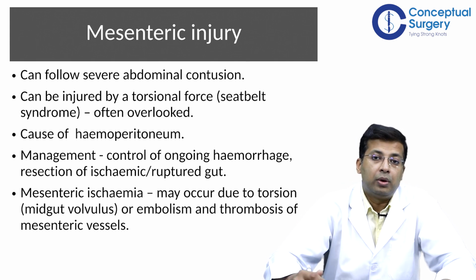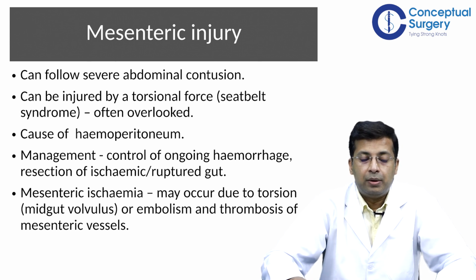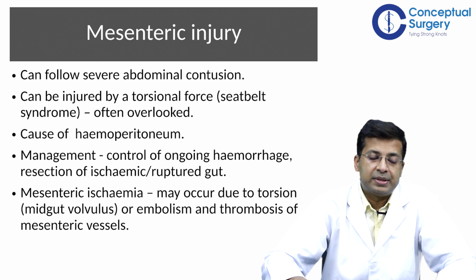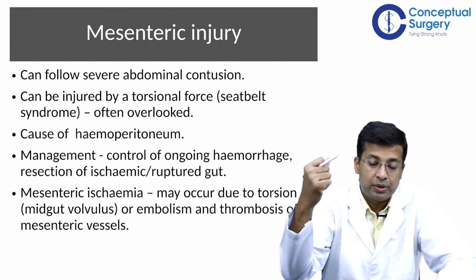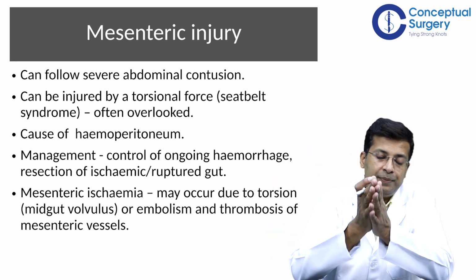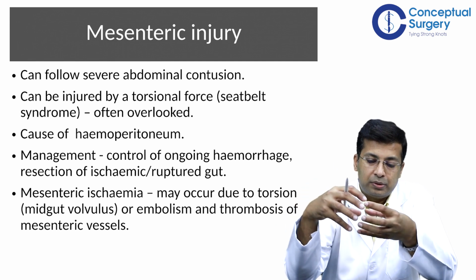Another fallout of mesenteric injury may be delayed mesenteric ischemia. Now, what can happen especially in blunt trauma is that the mesenteric vessels do not actually get avulsed, and so there is no obvious bleeding. But what can happen is, because of the blunt trauma, there can be intravascular thrombus formation.